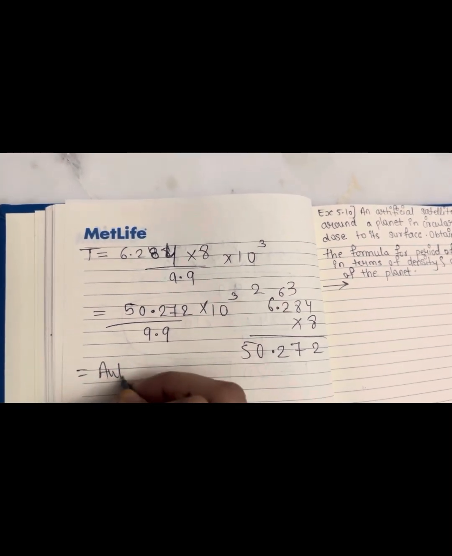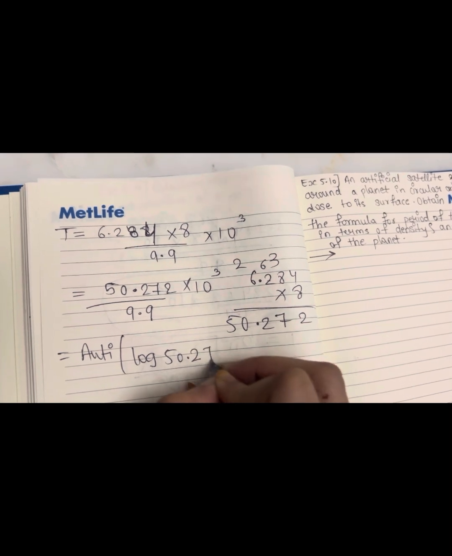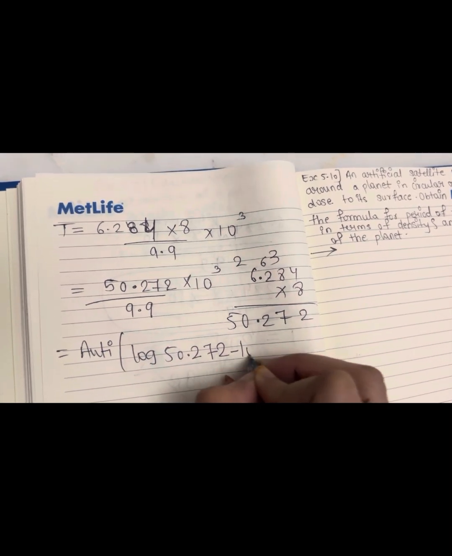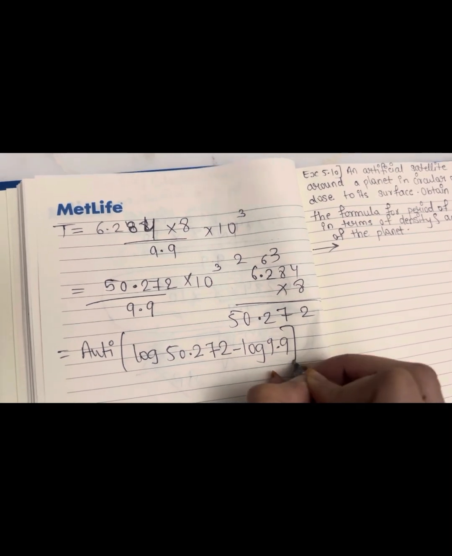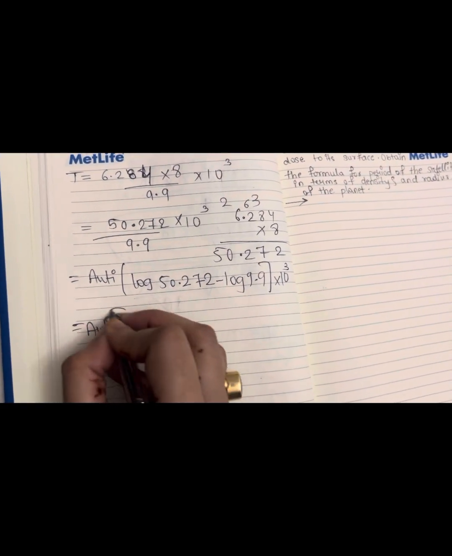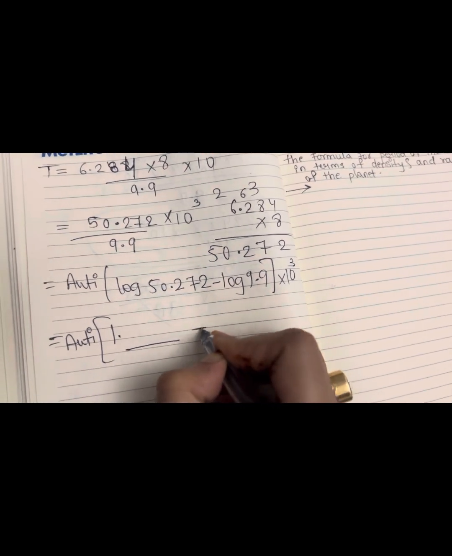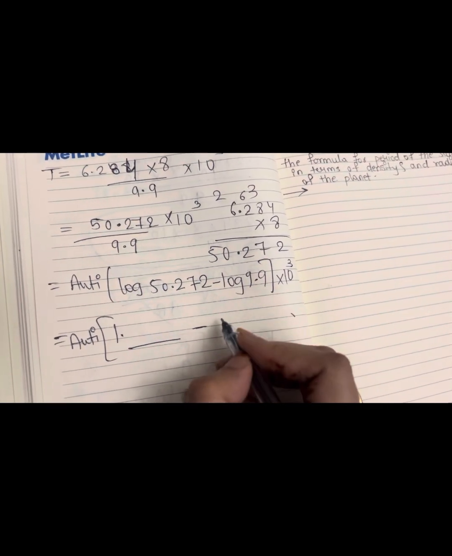Now antilog of log of 50.272 minus log of 9.9 into 10 raised to 3. Before the point you have 2 digits, so the characteristic is 1. Here again you have 1 digit, 1 minus 1 is 0.